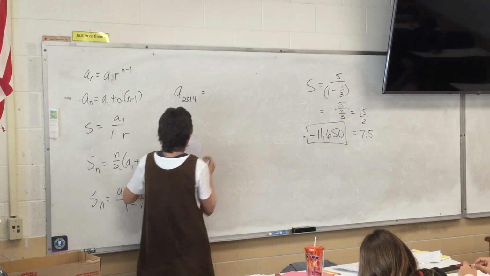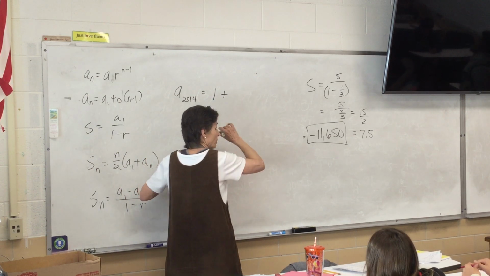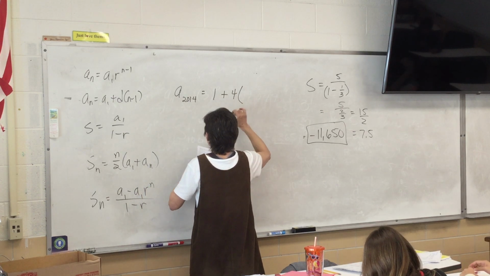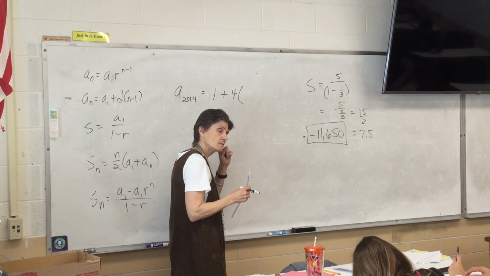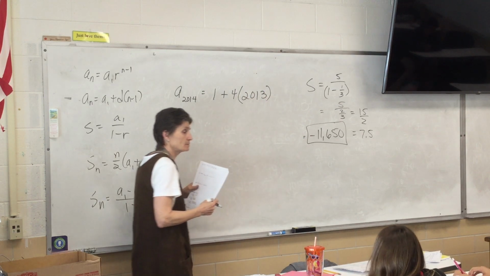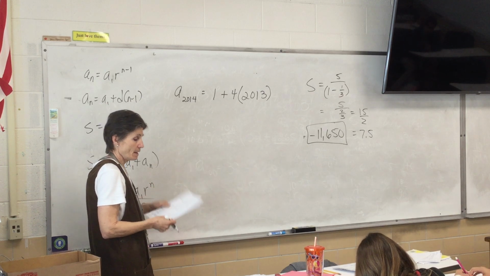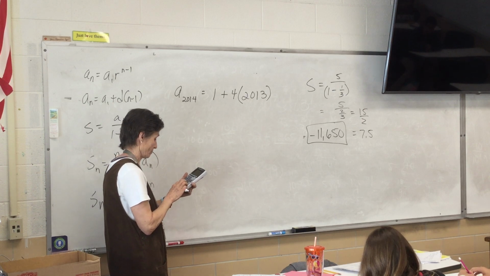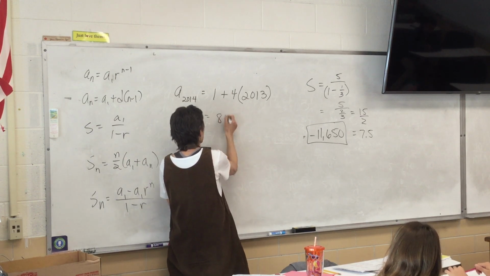So A sub 2014 is my first term, which is 1, plus the common difference, which you just said was 4. And then what would n minus 1 be? 2013. And then I'll just type it in. 8,053.